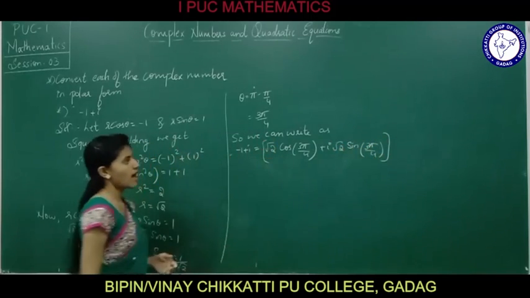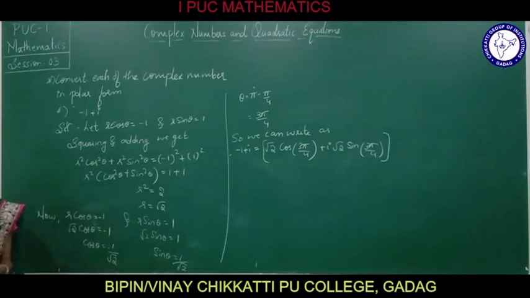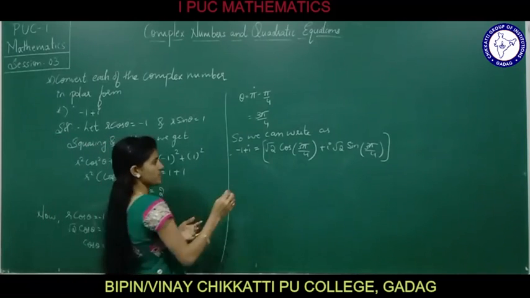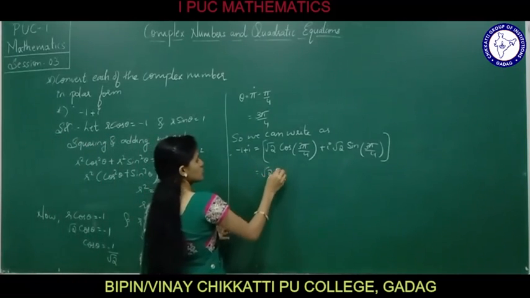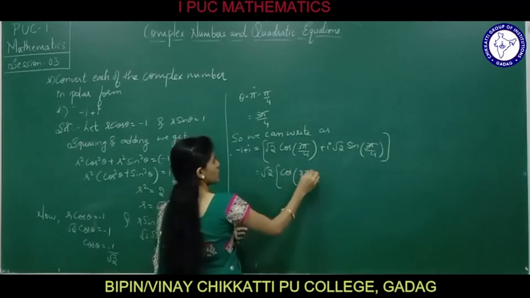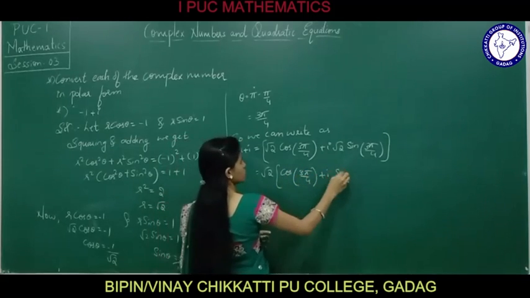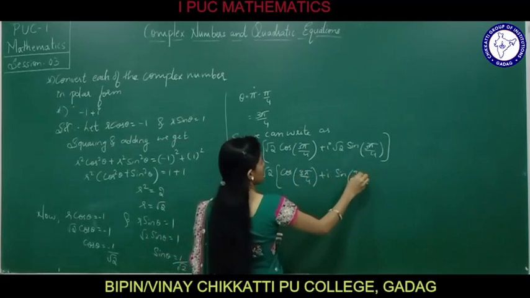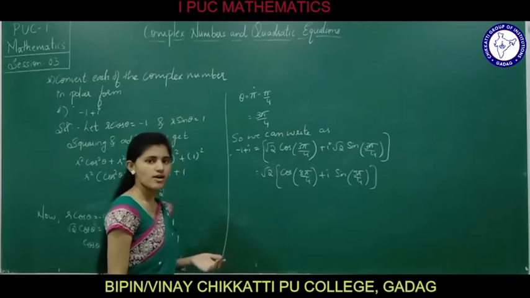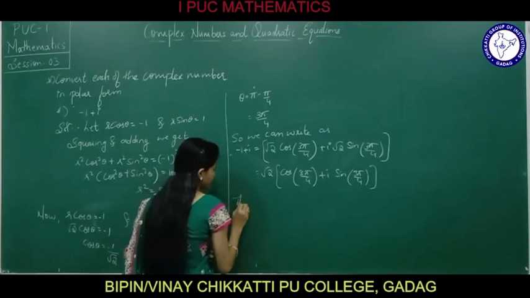Yes or no? r cos theta plus i into r sin theta. Then it is going to be of what form? Take out root 2 common. Root 2 into cos 3 pi by 4 plus i into sin 3 pi by 4. This is the required polar form.